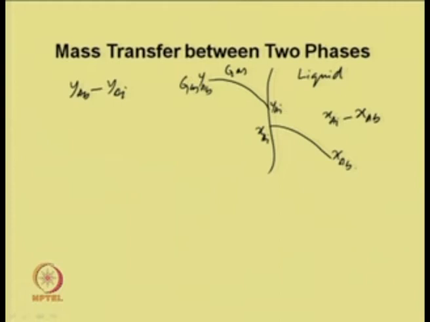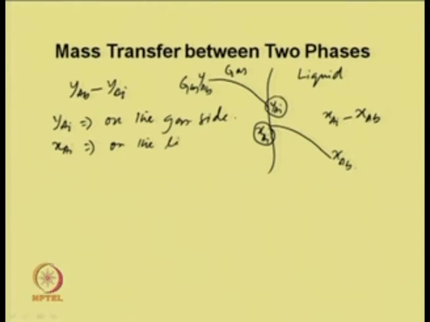So, what do Y A I and X A I mean? These are the interfacial concentrations. Physically, Y A I is the interfacial concentration of A on the gas side, and X A I is on the liquid side. Generally, at the interface, mass transfer is assumed to be at equilibrium.